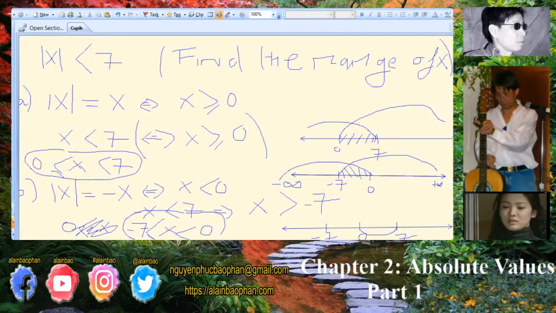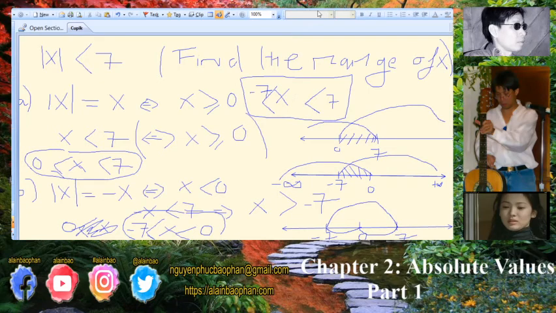The second case is x greater than minus 7 and less than 0, from here to here. So when you combine them, x will be the whole thing from minus 7 to 7. So the answer will be x less than 7 and bigger than minus 7. That's the final answer here.